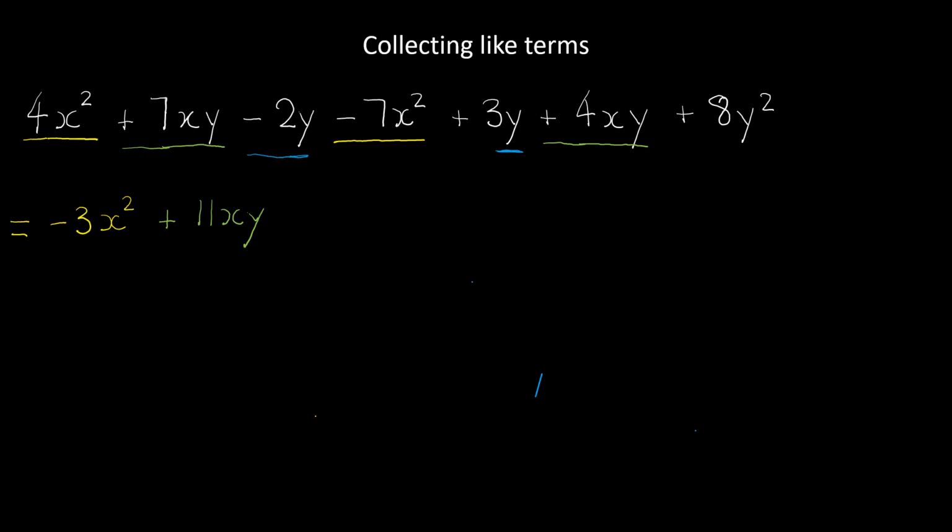So I've got minus 2 of them, and I wanted plus 3 of them. That will give me plus 1 of them. And I don't have to write the one in front if I don't want to. I can just write it as y. It says I've got a single y. And then lastly, who haven't I underlined? I've got this 8y squared here. There's nobody else, no other terms in y squared, so I'm simply going to write that as plus 8y squared. And there we've collected the like terms.